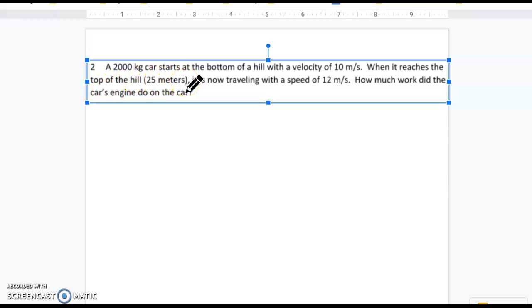So I'm trying to visualize what this is. We've got this car at the bottom of a hill. Usually it's useful to draw things out, especially if you're not quite sure what's going on in the problem, because we'll end up figuring out more when we can visualize it.